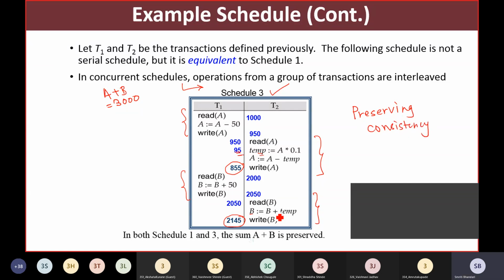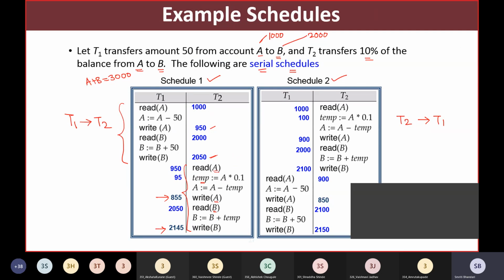So this schedule 3 is preserving consistency of our database. And see here, this schedule 3, which is producing A's balance as 855 and B's balance as 2145, this result is same as that of the serial schedule 1.